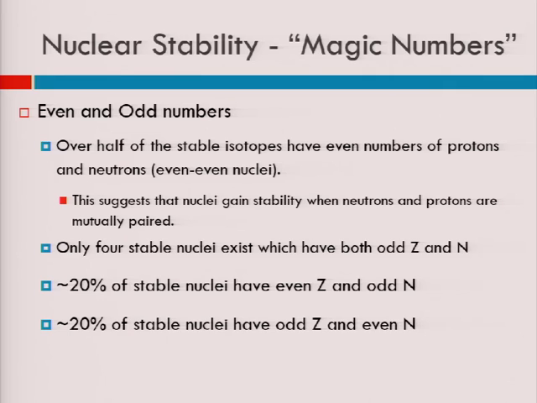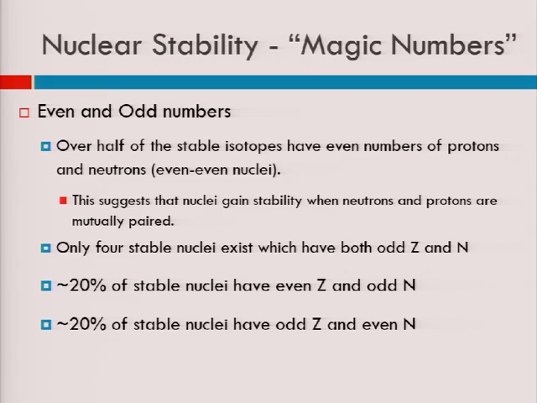Even and odd numbers, so over half of the stable isotopes have even numbers of protons and even numbers of neutrons. And so this suggests that even is stable since the majority have that configuration. Only 4 stable nuclei have both odd Z and odd N, right? So suggesting that that's unstable. And then the rest sort of fit into a mix and match, right?